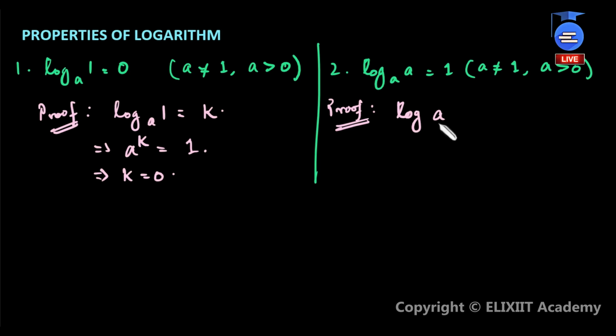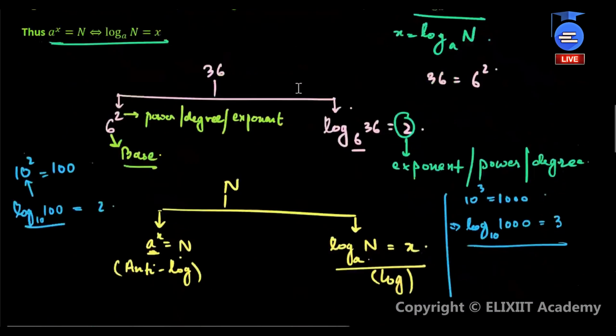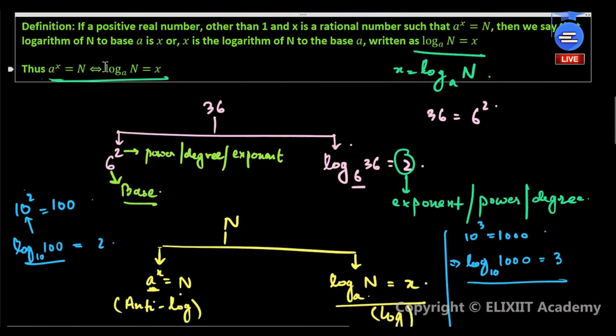Suppose I take log a base a to be k, such that a to the power k will be equal to a. I have told you this thing in reverse manner: if a to the power x is equal to n, this implies log n base a is equal to x.